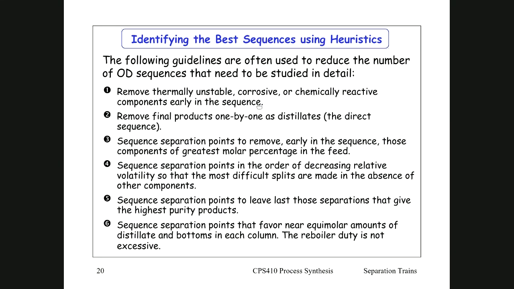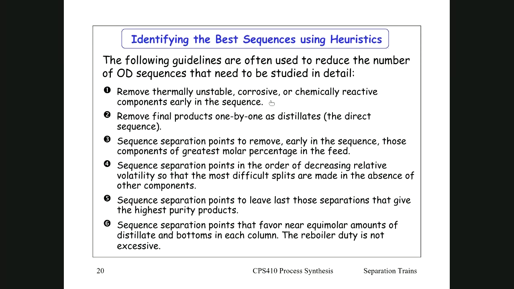Okay, so the first one: remove thermally unstable, or corrosive, or chemically reactive components early on in the sequence. Think back to when we made vinyl chloride monomer. One of our products was hydrogen chloride gas.